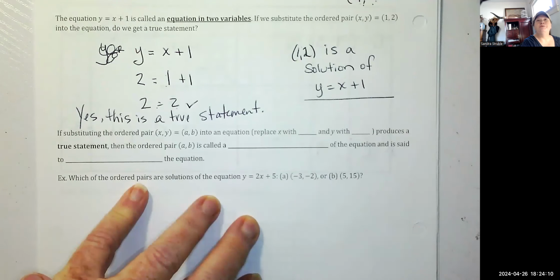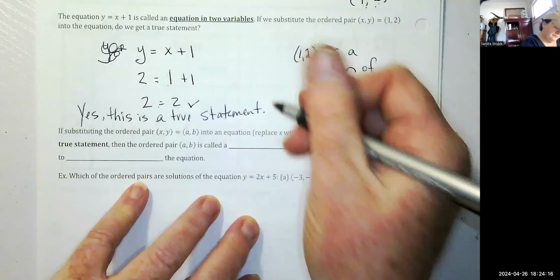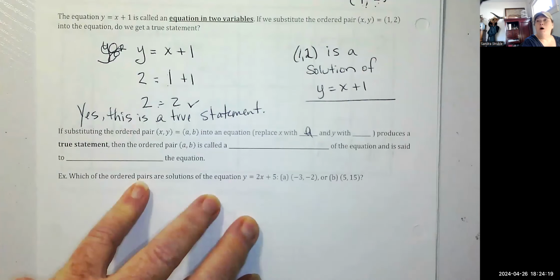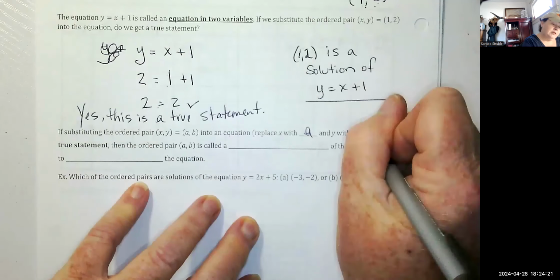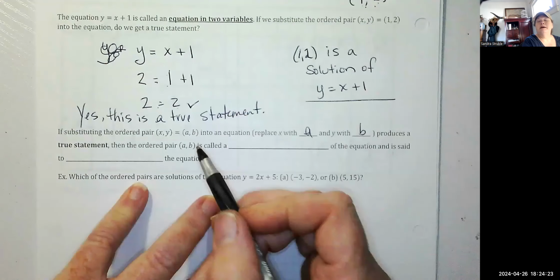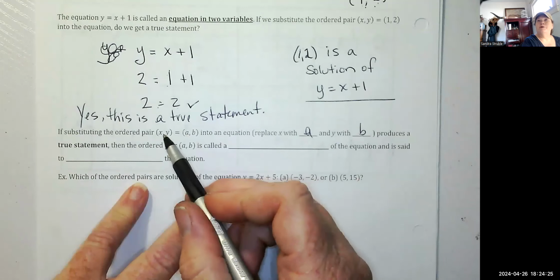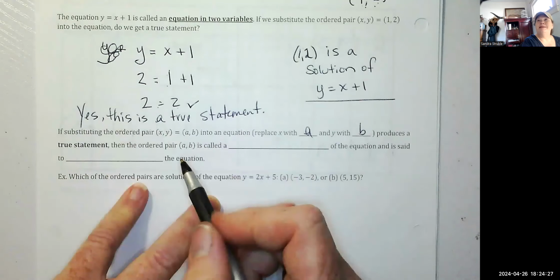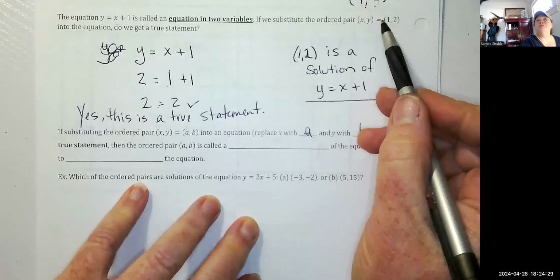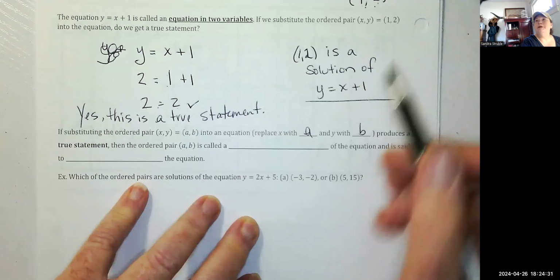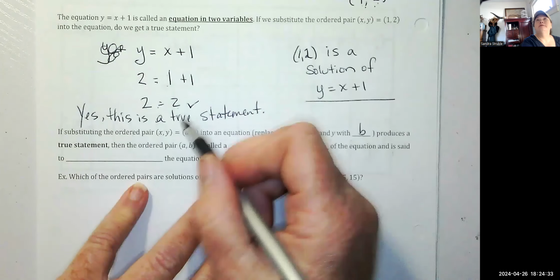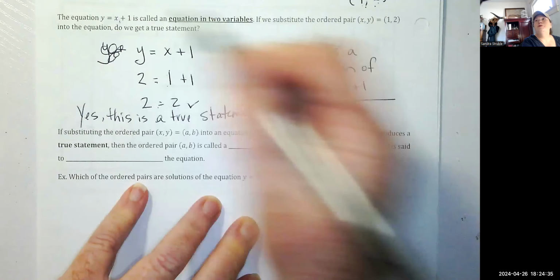If substituting the ordered pair (x, y) and (a, b) into an equation, you're going to replace the x with a, and you're going to replace the y with b. This is just what we did up here. If this is confusing, where the x and the y are, leave them. But where the a and the b are, put 1 and 2 so that you can see what we did up here. We replaced that x with the 1.